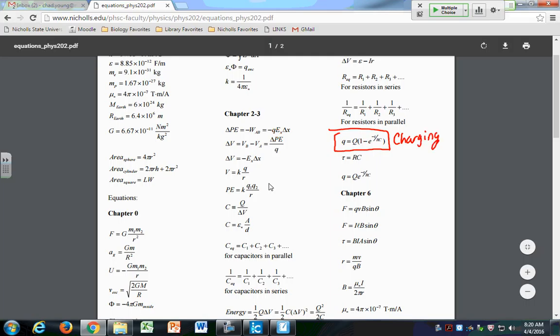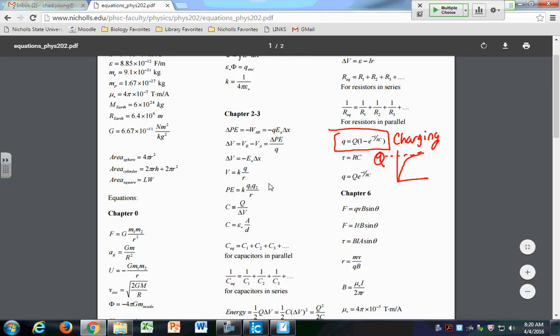All right, this exponential function, e to the minus t over RC, goes to 0. So this function will look like this. It will approach some maximum value Q. And that's what's happening when you're charging. So this function is only for a charging capacitor. This is for a discharging capacitor.